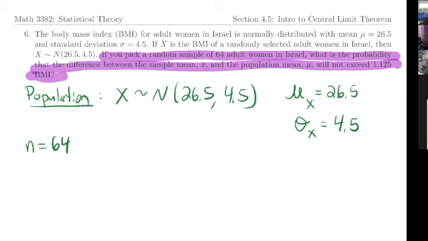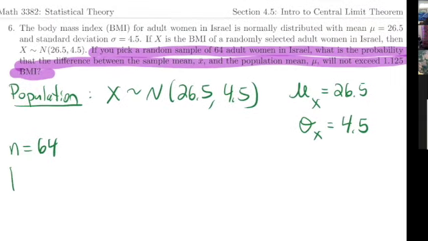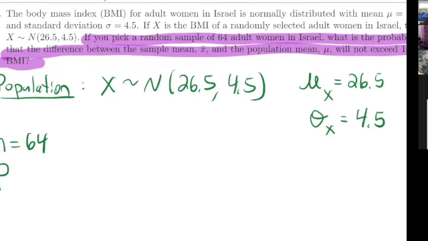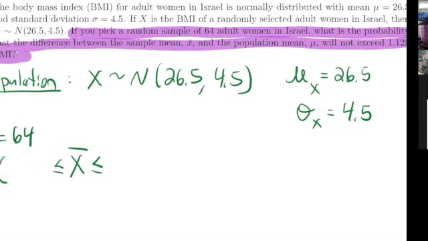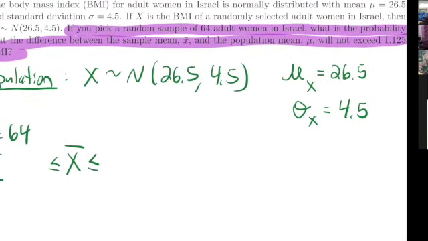And this is asking us, what is the probability that the sample mean will not exceed 1.125 BMI above or below the population mean?